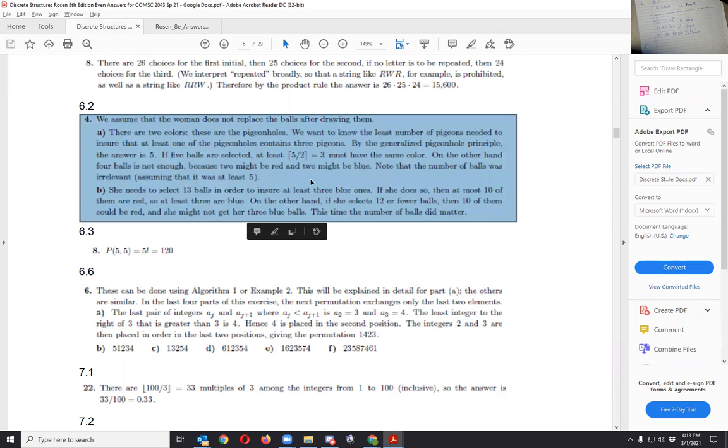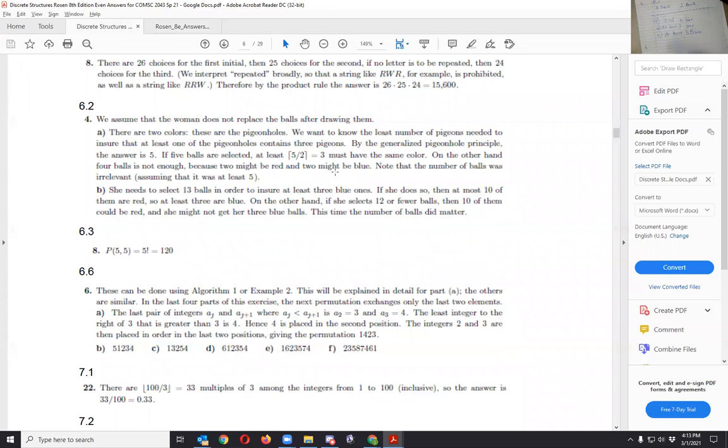If the balls are selected, at least, so for A, it says 5 over 2, ceiling, which equals 3, must have the same color. On the other hand, 4 balls is not enough because 2 might be red and 2 might be blue. Note that the number of balls was irrelevant, assuming it was at least 5. Okay, so that makes sense.